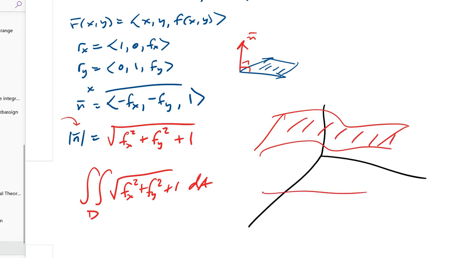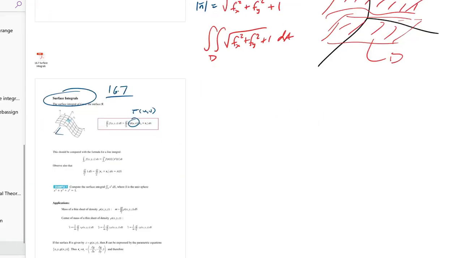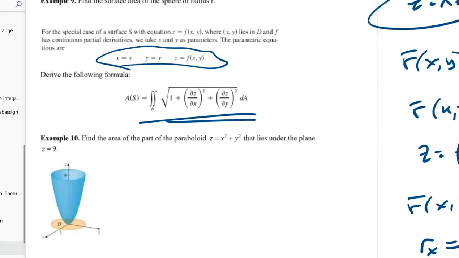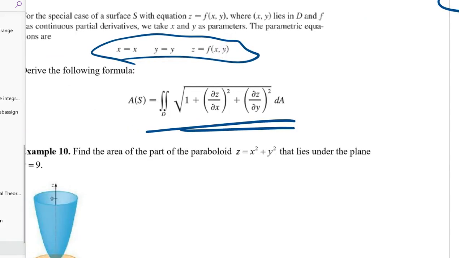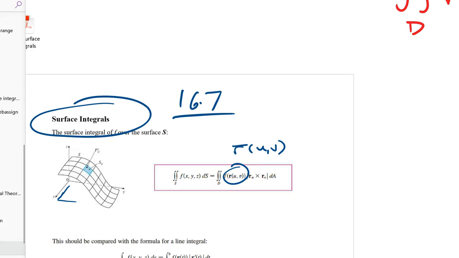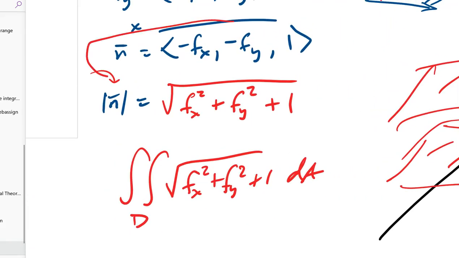The area underneath, we're going to call D. You're integrating over that. So that's how they get this here. And now it's going to be important that you know what n is. N is this. We're going to need this in the next section. All right, that's it.